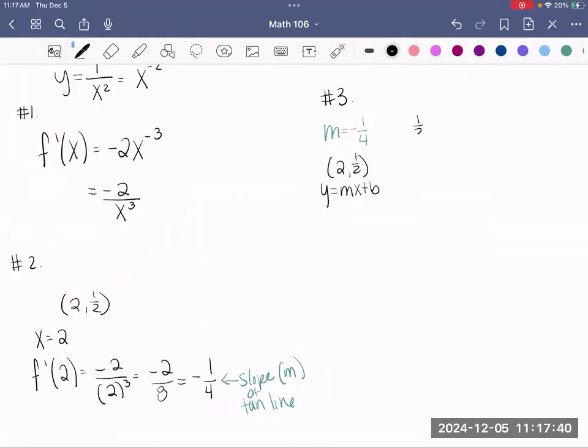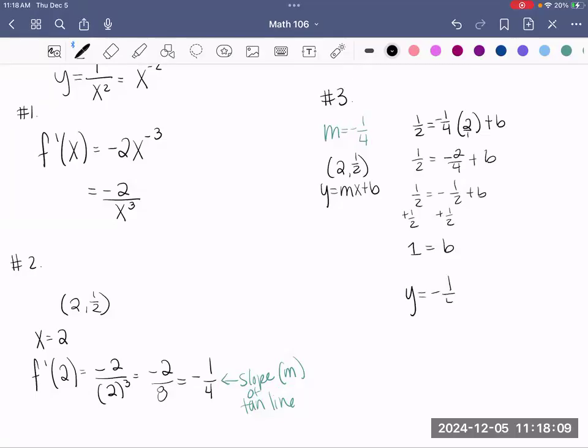So 1/2 is equal to -1/4 times 2 plus b. We can put this over 1 if we want. We have 1/2 is equal to -2 over 4 plus b. Add 1/2 to the other side. 1/2 plus 1/2 is just 1, which is equal to b. So y is equal to -1/4 x plus 1.